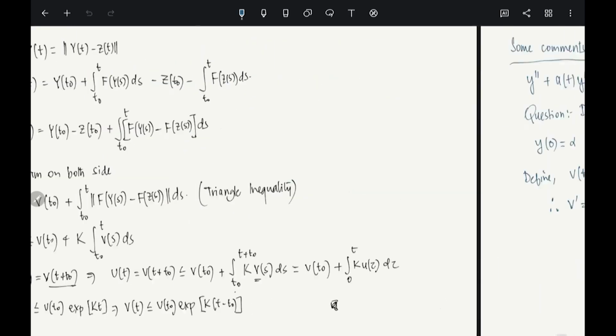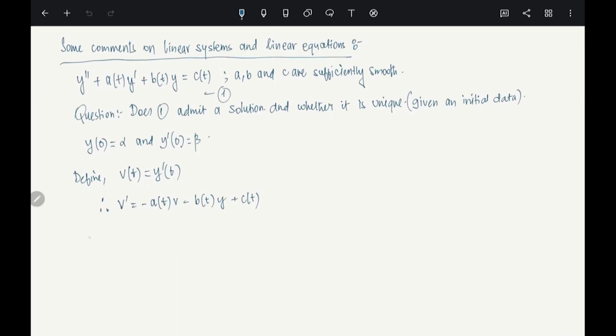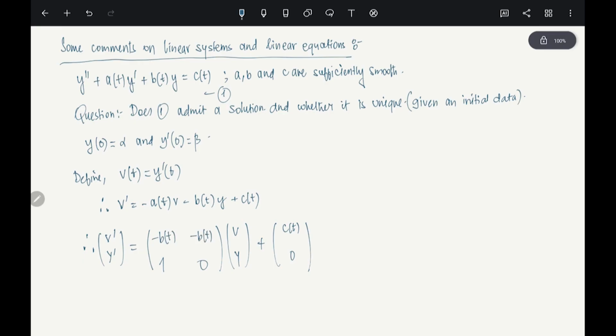Now if you write it in terms of a system, we have v prime and y prime equal to this matrix times v and y, plus c t and 0. Since y prime is nothing but v, the first row is 1 0, and v prime is minus b t times y and minus a t times v.